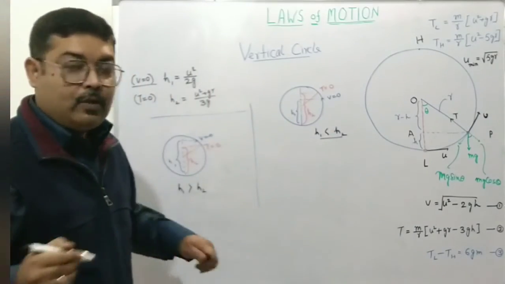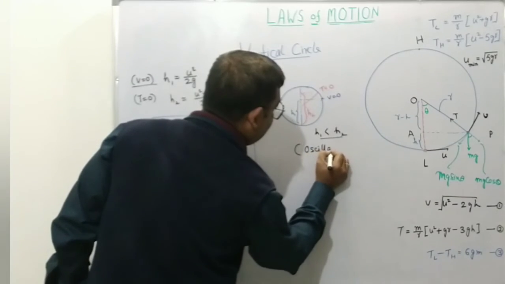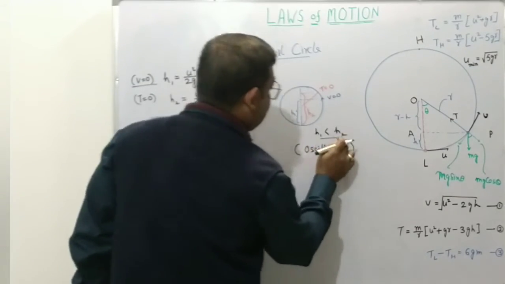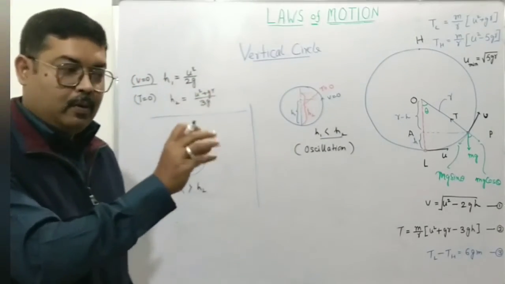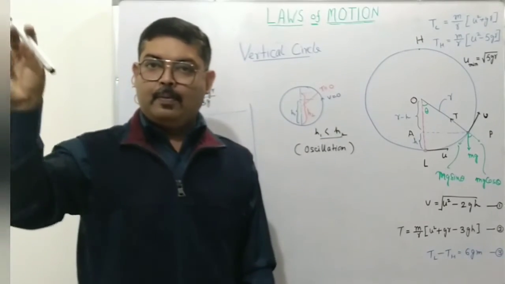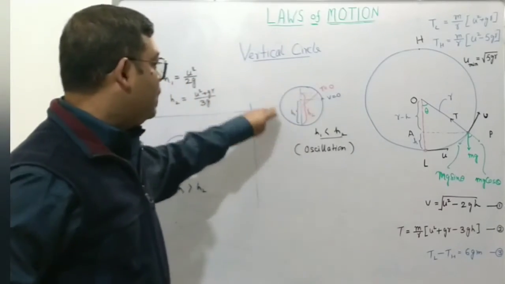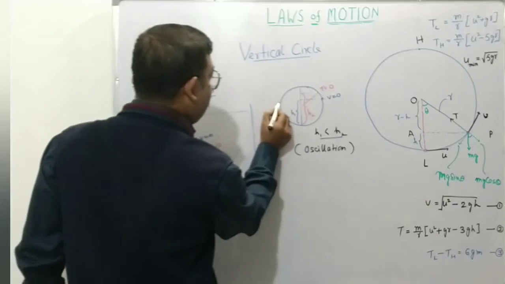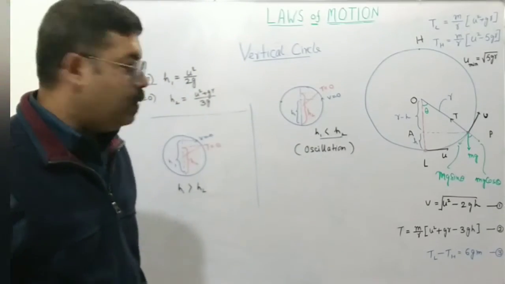So the object will be oscillating. So h1 less than h2 is the condition for oscillation of the object. The object will move up, go back, and keep oscillating in the circular path from this side to this side. Okay, to and fro motion will be there.